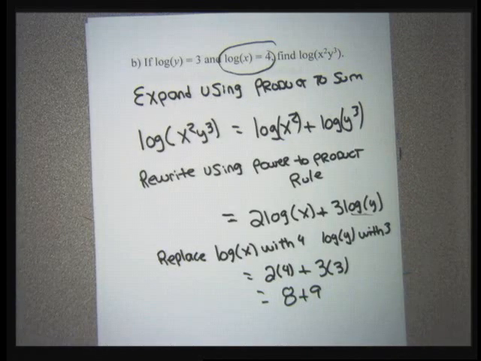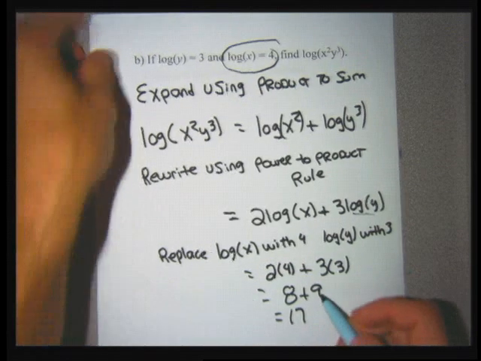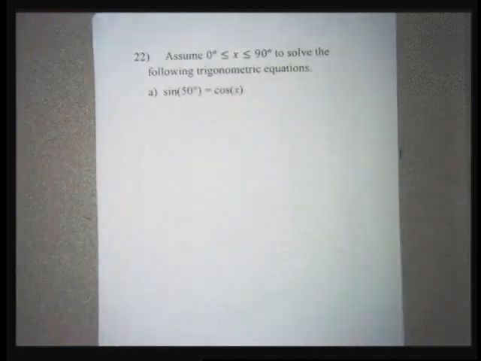will, anytime I get an answer that I don't think is wrong, I might rework my problem. But I think the answer is supposed to be 17. Let me rework this problem, write it down again, because I can't find my mistakes sometimes.